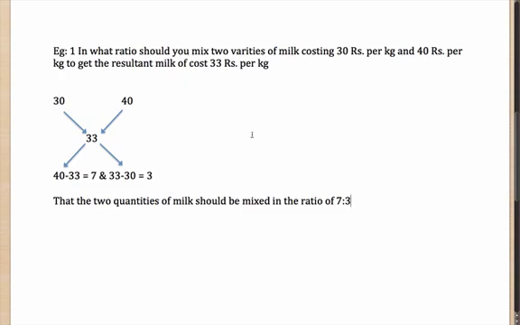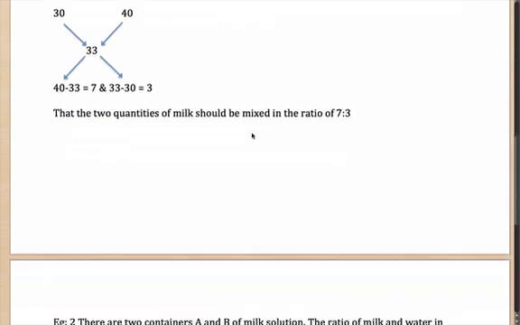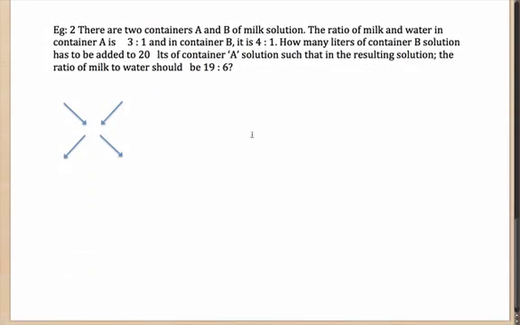Let us look at a slightly more complex problem on the same idea. Let's say there are two containers A and B of milk solution. The ratio of milk and water in container A is 3:1 and in container B it is 4:1. How many liters of container B solution have to be added to 20 liters of container A solution such that in the resulting solution the ratio of milk to water is 19:6?